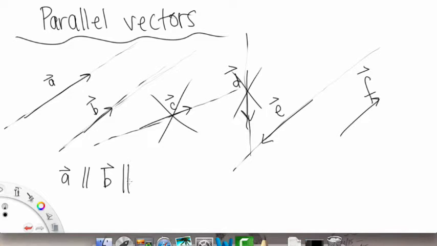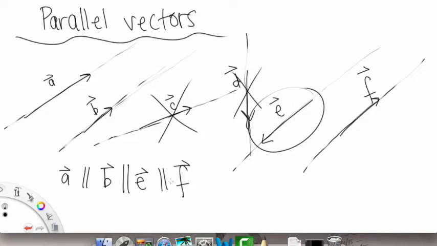So A and B are also going to be parallel to vector E. And lastly, let's check vector F. This one will also be parallel. So all 4 of these are parallel to each other. Just E here is flipped around, so this gets a special name: it's called opposite because it's pointing in the opposite direction, in the negative direction.